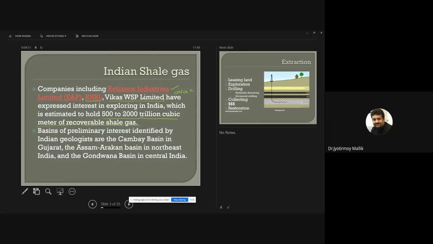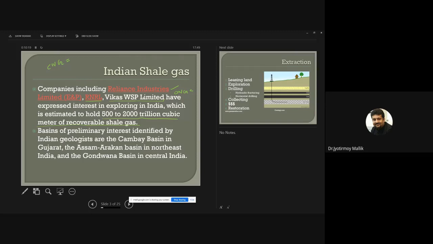They mostly run on CNG. What is CNG? Can anyone tell me? I'm sure you have heard the name CNG, right? CNG is compressed natural gas, right? That is a key because it has a low carbon footprint.